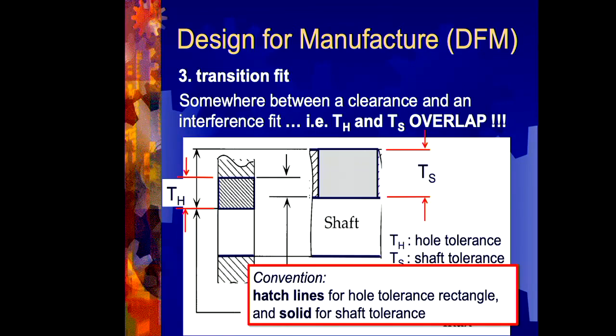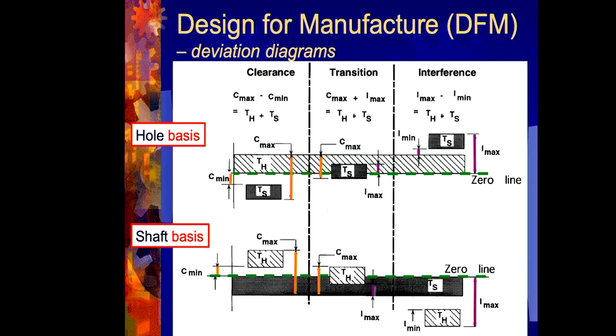Now, this is out of a standard, and what we're going for here is the idea of base. Whatever it might be, 10, 50, 100 millimetres is the basic size of the shaft and the hole. That's what I've got up there in the green dashy line.